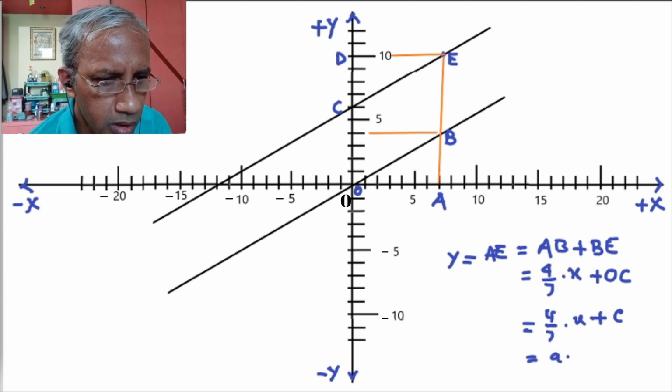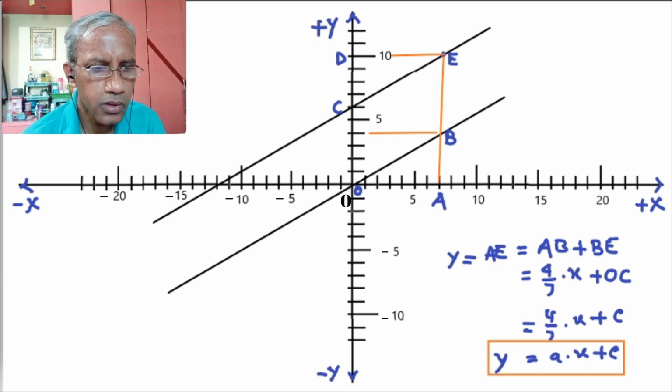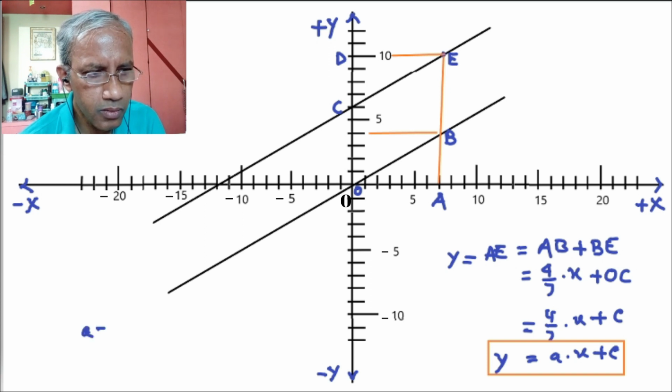That is equal to a, the coefficient of the variable x, a into x plus c. So this is the generalized formula for any line in the graph. y is equal to ax plus c, where a is the coefficient of the x according to the angle that it makes to the base, the x-axis, the horizontal axis.